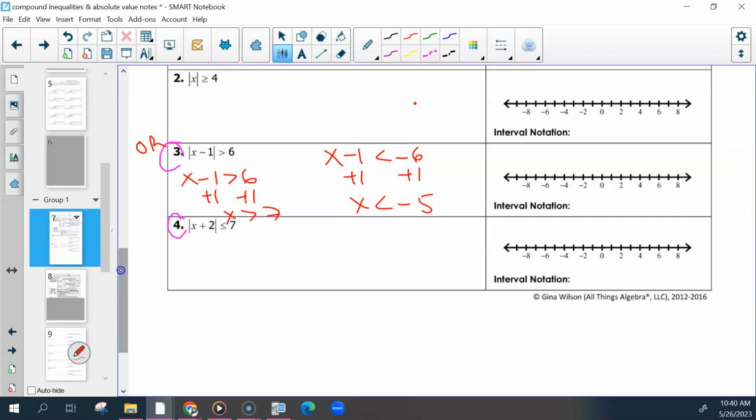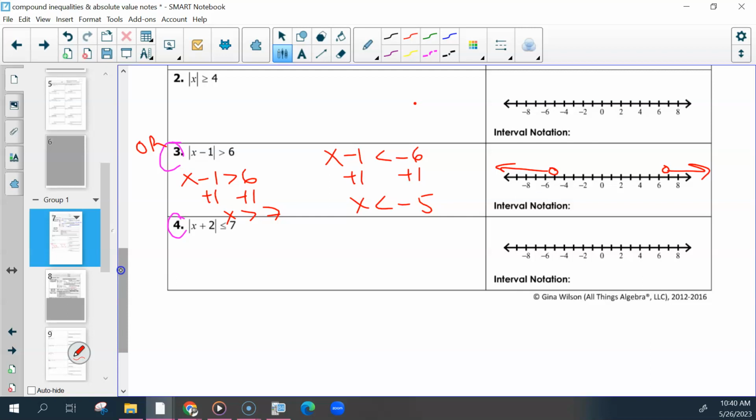And then we could graph both. So x is greater than 7 would be over here, open to the right. X is less than negative 5 would be over here, open to the left. It's an or, so it's supposed to be graphed apart. And then the interval notation, look at where this starts.